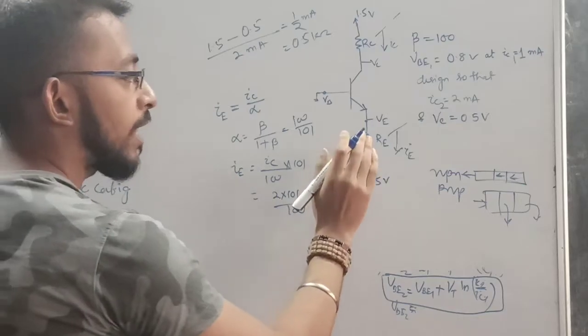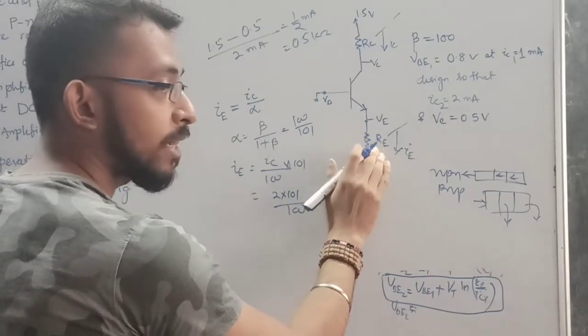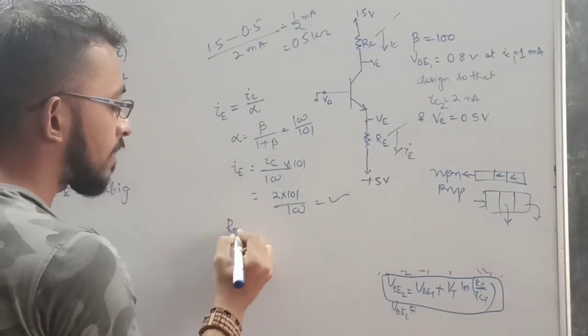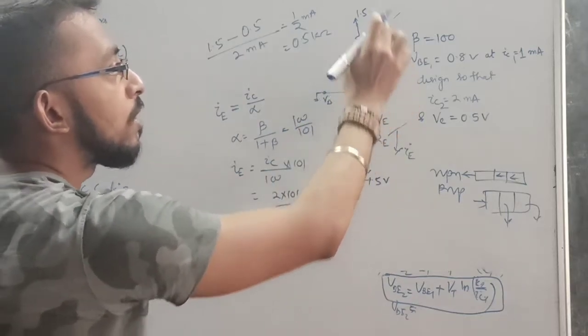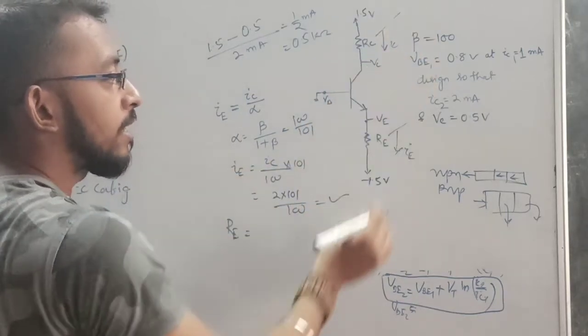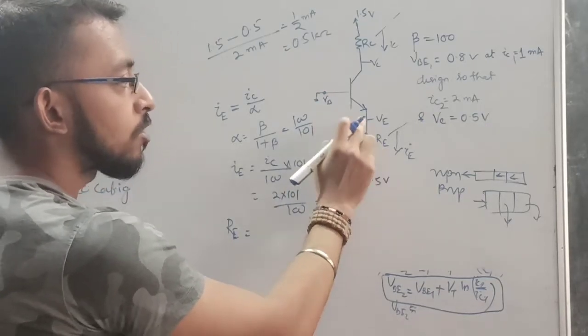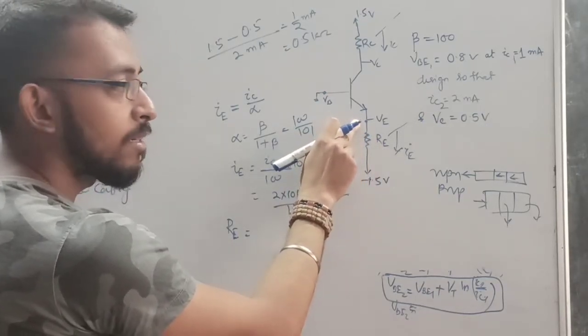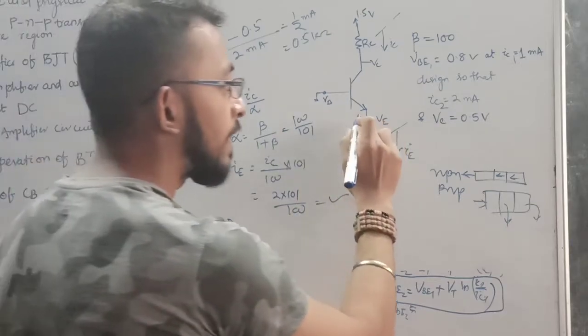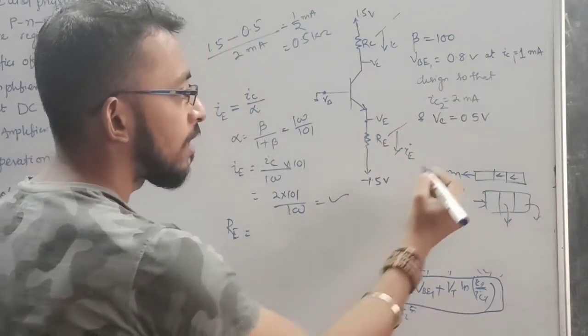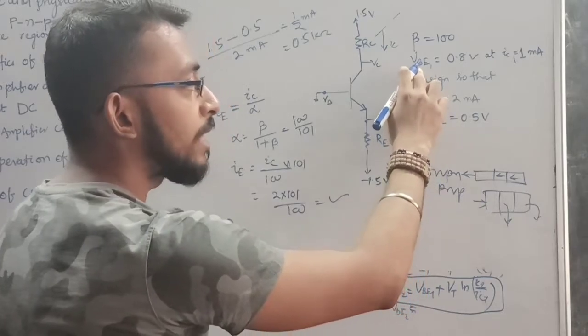Now what do I have to find? I have to find the resistor RE. Then how to find this RE? Similar to the RC: this voltage minus this voltage by this current. So what is the voltage present over here? That voltage is VE. But in our question, what do we know? We know VBE.